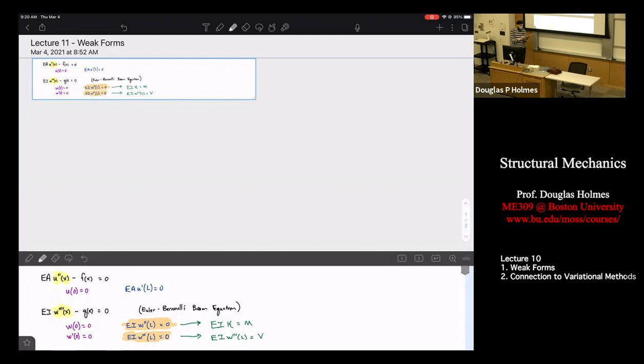And this top one up here is telling us that there's kind of no stretching at that last point at the end of the beam. So at the point L, there's nothing pulling on it to stretch that last point, which makes sense. If you look at the beam problem that you solved, there was a distributed force all along the beam, but there was no point force pulling on the end of the beam, right?